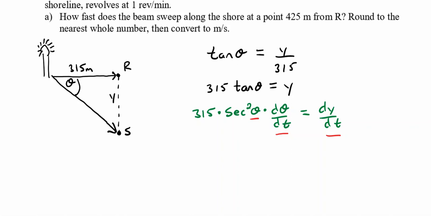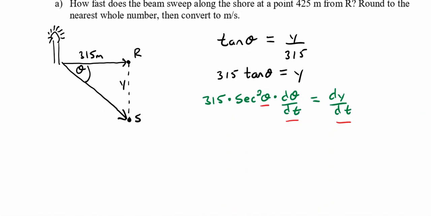Okay, so what do you guys think we got to do here then? We need to solve for some things here. We need to solve for theta and the derivative of theta. Yeah, and you know what? Let's figure out d theta dt first.